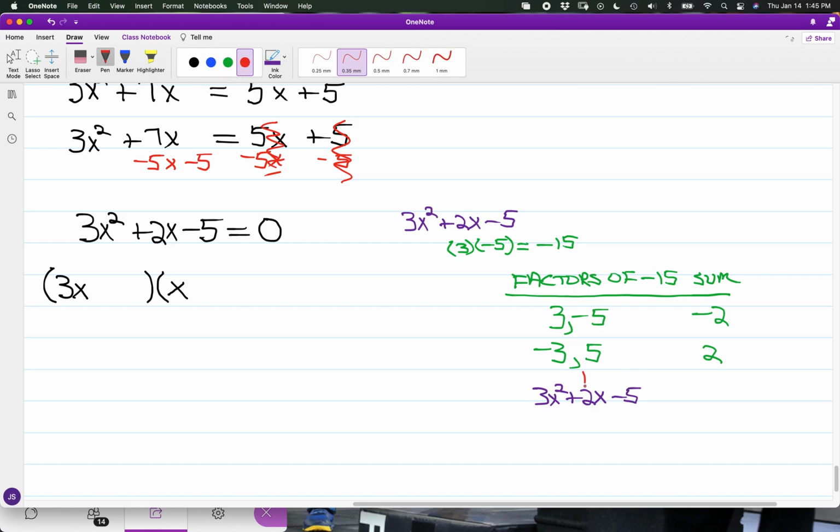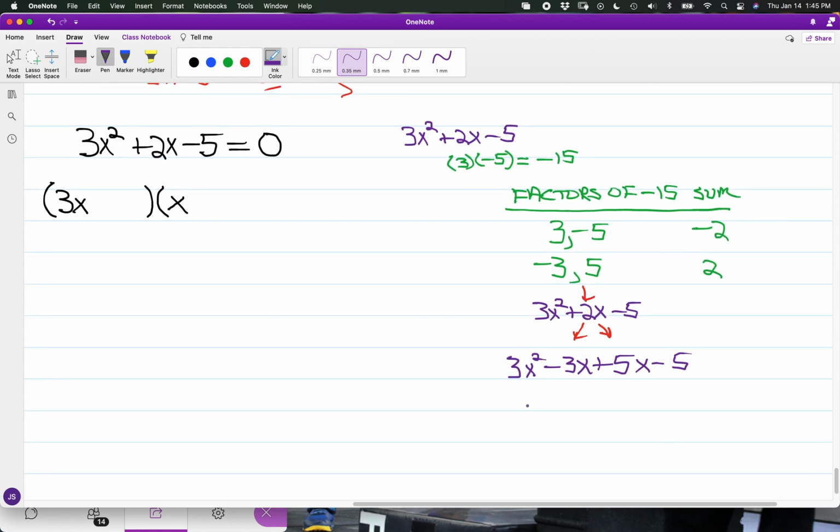And upon splitting up, we have 3x squared minus 3x plus 5x minus 5. And then with grouping, first two terms and the last two terms.